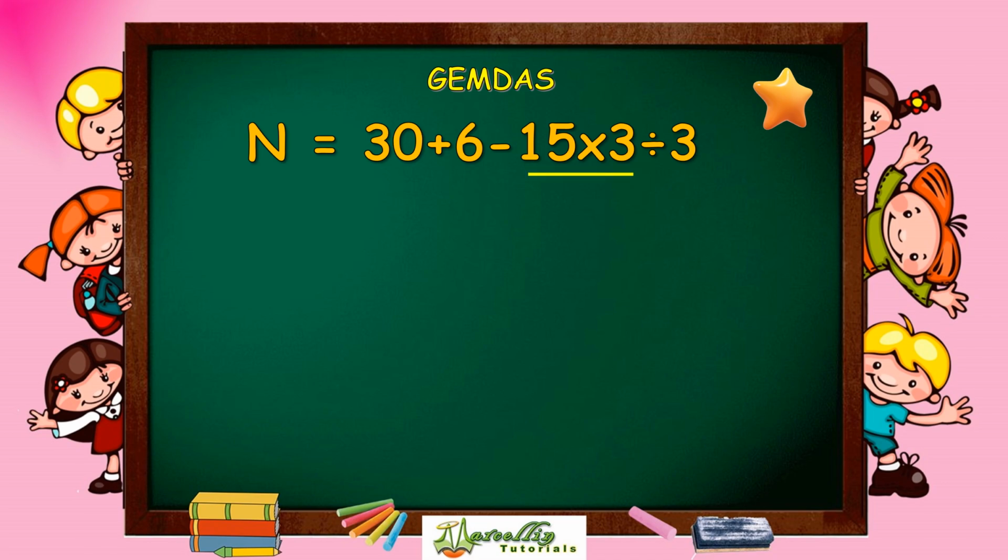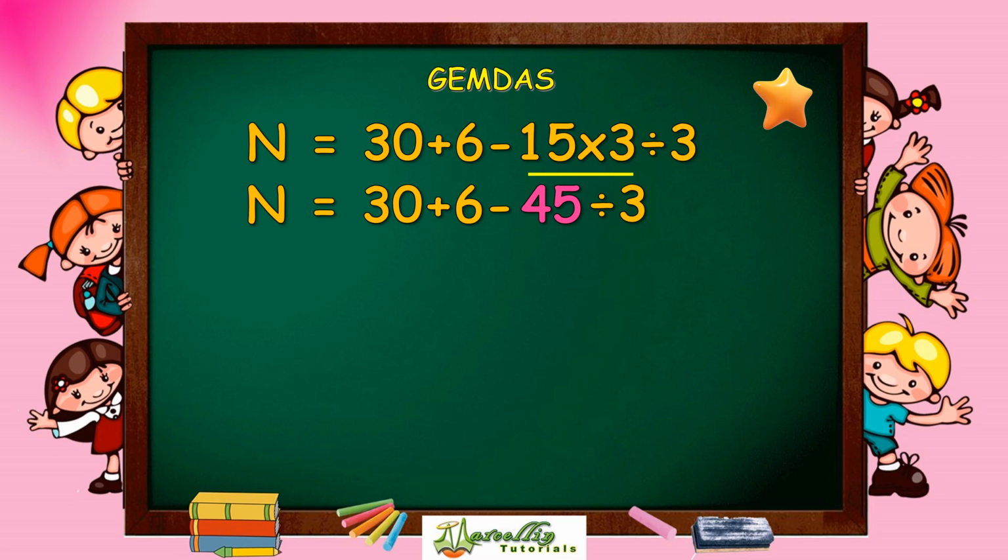Meaning, we will start with 15 times 3. So let's copy first the numbers on the left of 15 times 3. Then, let's solve 15 times 3. We have 45. And let's copy the number on the right of 45.